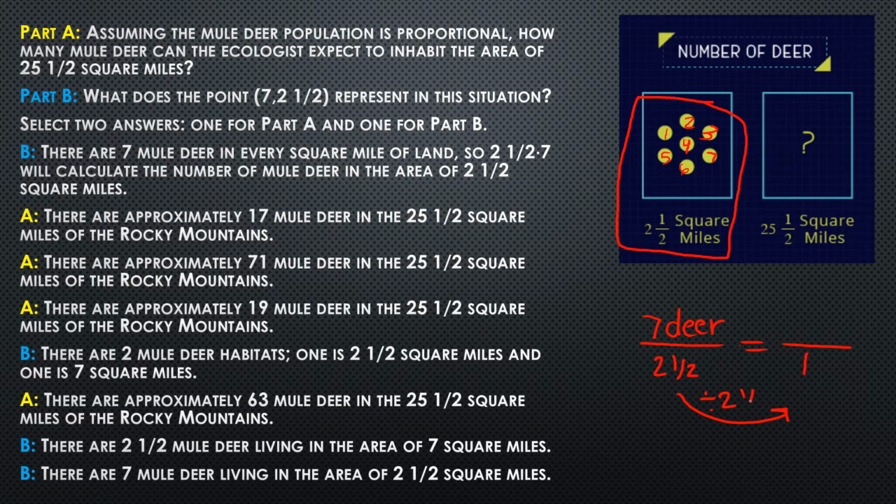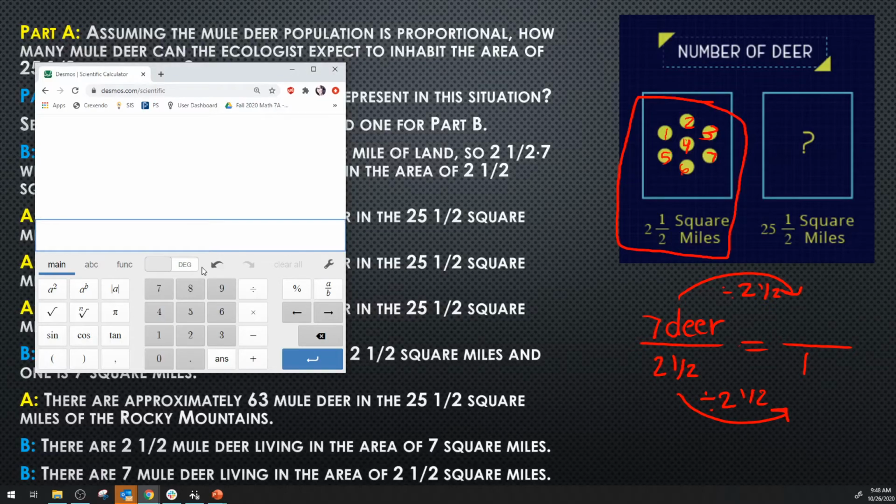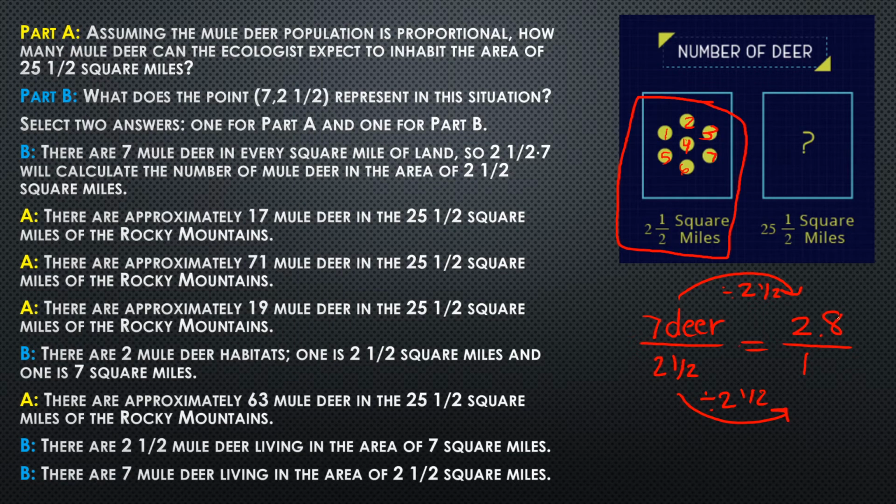So let's divide top and bottom by 2.5. And since I'm dealing with fractions here, I am going to use a calculator. So I have 7 divided by 2 1/2. So this tells me that 2.8 deer can live in every 1 square mile.